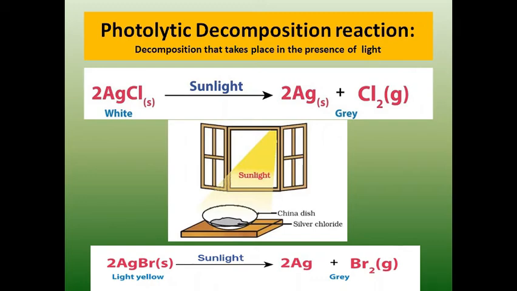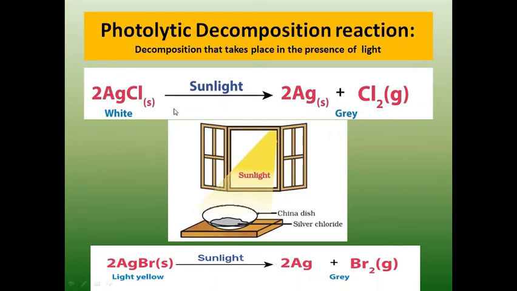When silver chloride is exposed to sunlight, here it is shown that you took silver chloride in a china dish and kept it in sunlight. It is exposed to sunlight, then it decomposes into silver metal and chlorine gas.